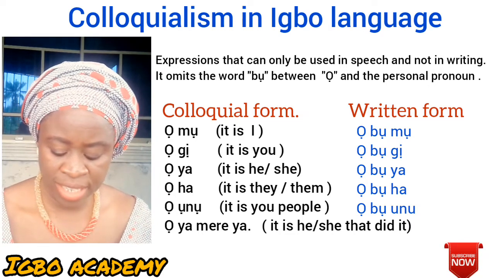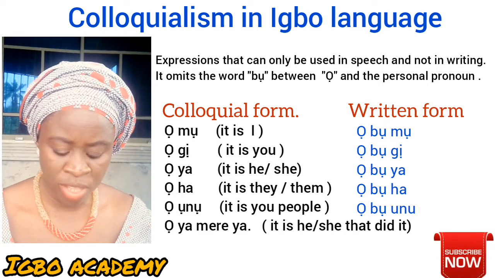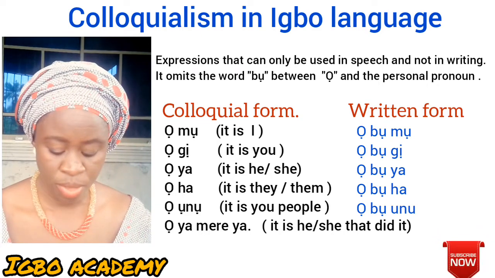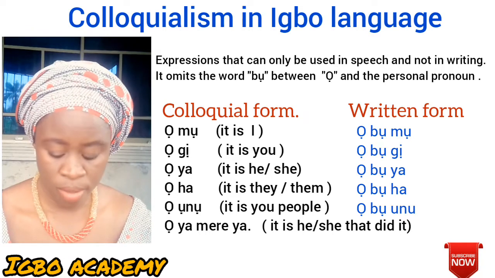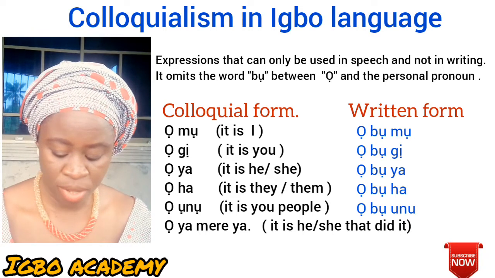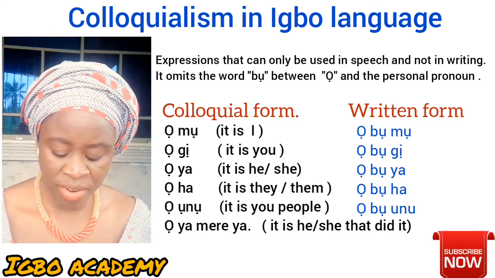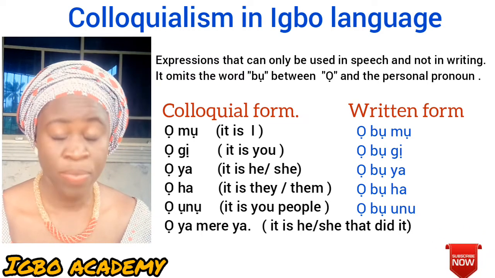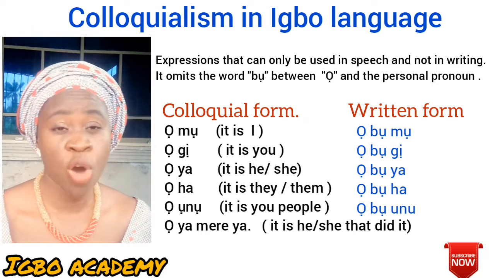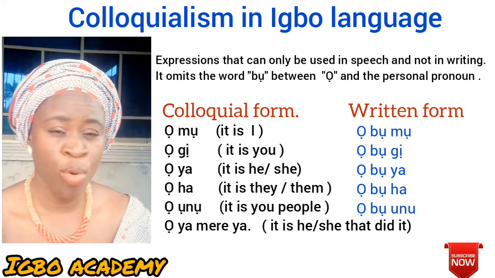It is necessary to understand that this colloquial form omits the word bu between o and the personal pronoun. The actual rendering in the written form, instead of writing omu, is supposed to be obumu.